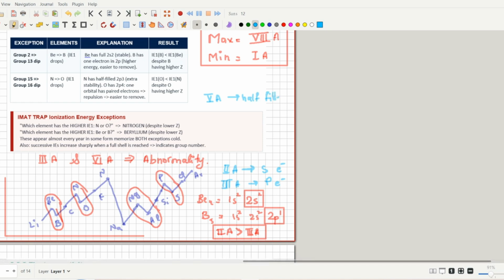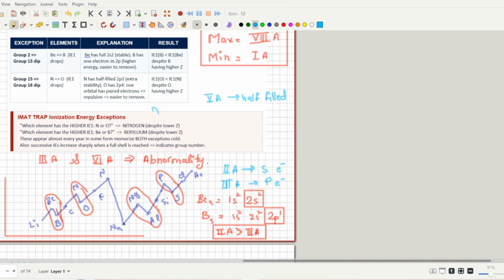We have already discussed in our last lecture that an atom that has a half filled subshell is stable, or if it has a fully filled subshell then it is also stable. So 5A has a half filled subshell, that is why it is more stable than 6A.